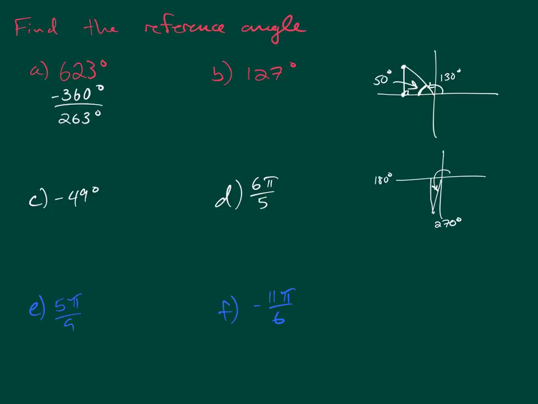Well, if this is 263 degrees, that's like asking how far past the x-axis did we go? That means we just have to do a simple subtraction. So 263 degrees minus 180 gives you 83 degrees. So the reference angle for 263 is 83 degrees.